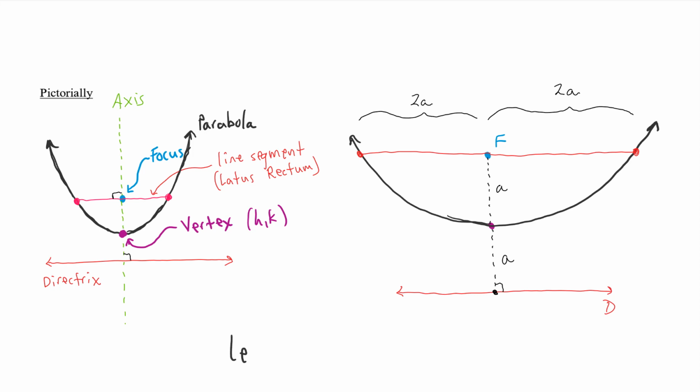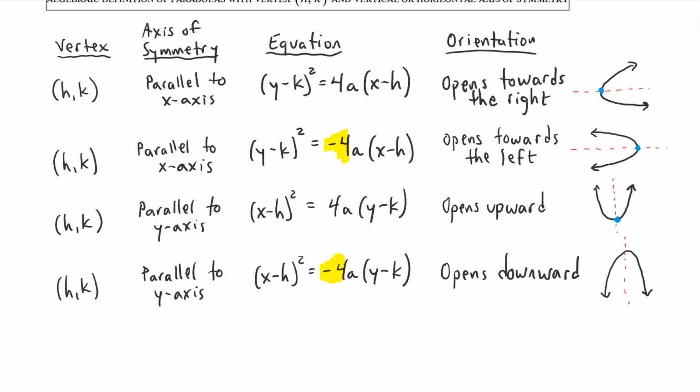So the length of the latus rectum is 4 times A. If you go back and look at our algebraic definitions, that right there is the length of the latus rectum.